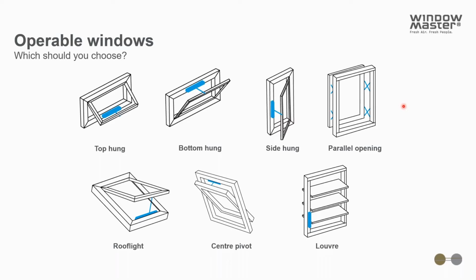The top-hung window can also have the great benefit that it can be used during rain, which is an issue that you will have with some of the other types of windows.